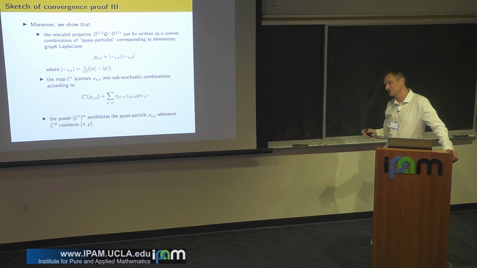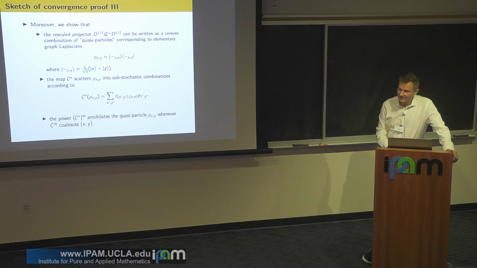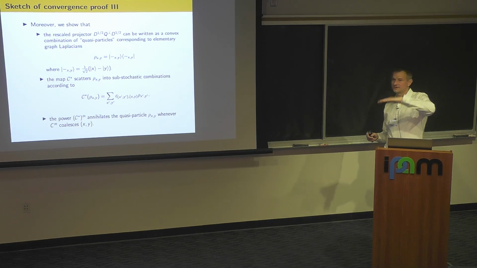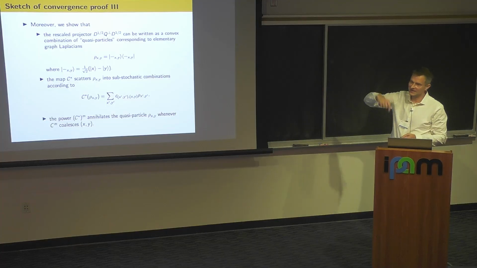I said that I had to sweep a lot of details under the rug, but the idea is that every quantum map you can write with the help of Kraus operators. The Kraus operator hits the ket vector, and its dagger twin hits the bra.